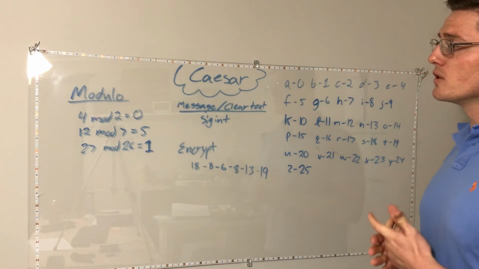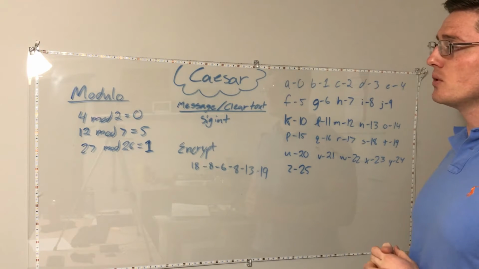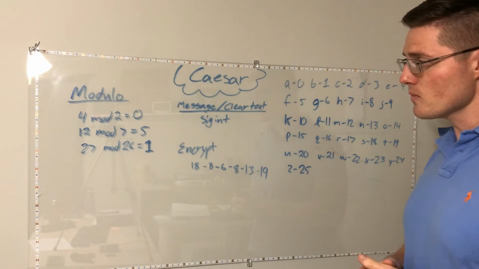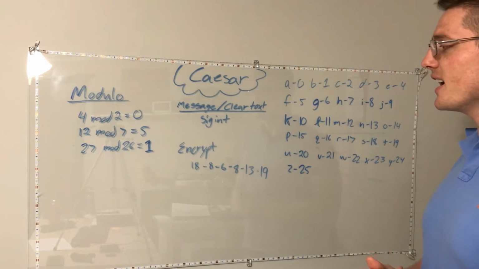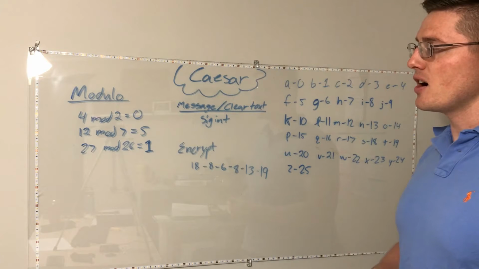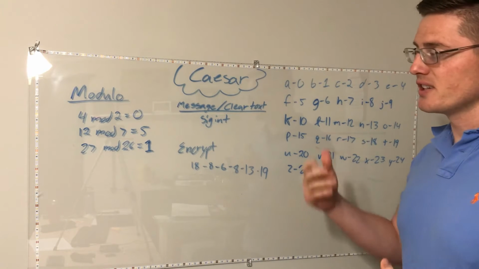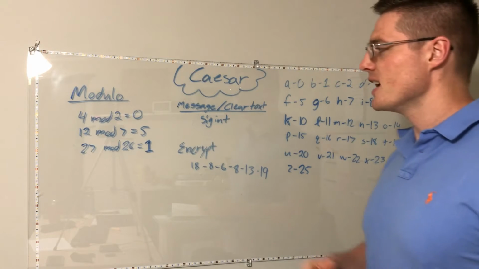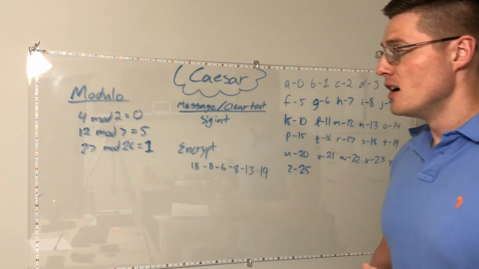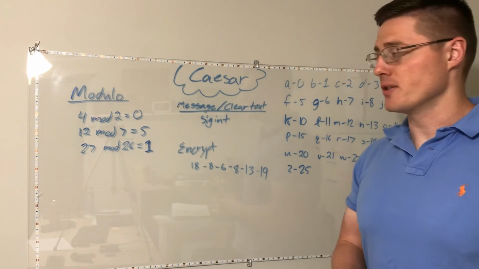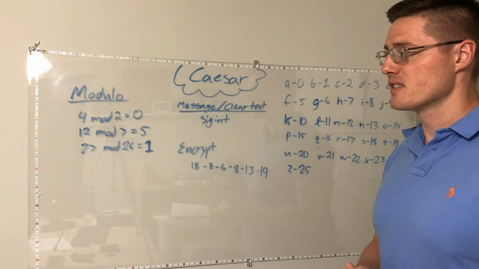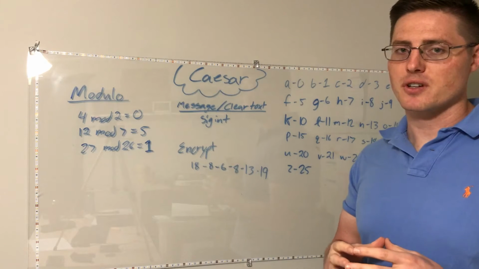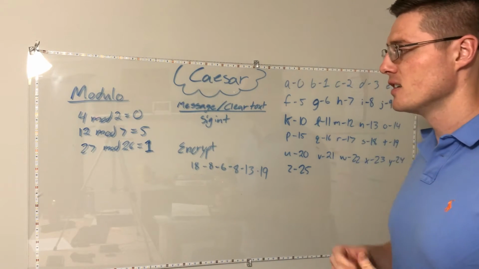So, in order to start this, we need to understand the difference between encoding and mathematical operations. The most simple and basic mathematical operation is going to be a modulo operator. And essentially what this does is it's like a clock, and you can only have certain numbers on that face of the clock.